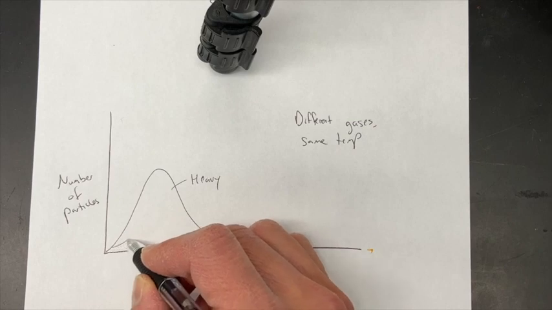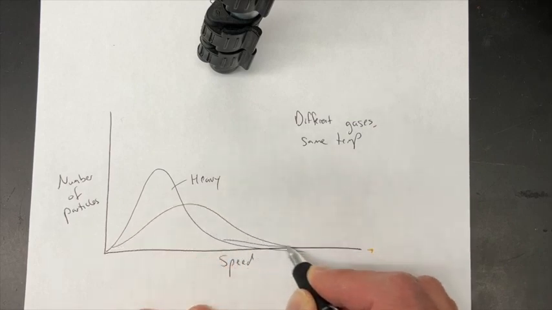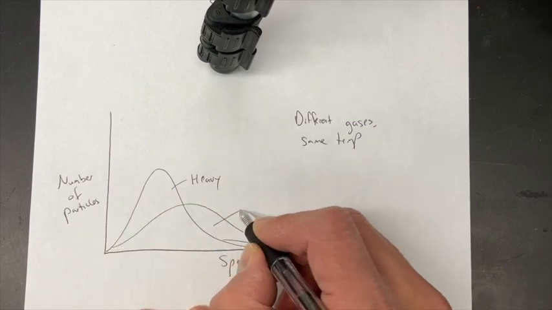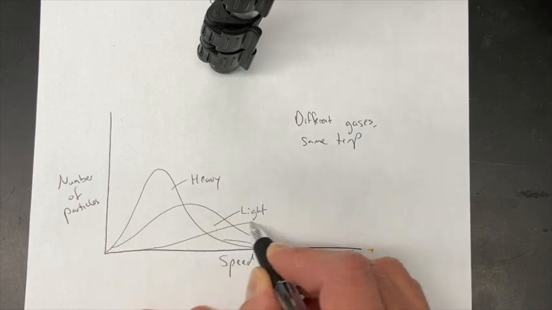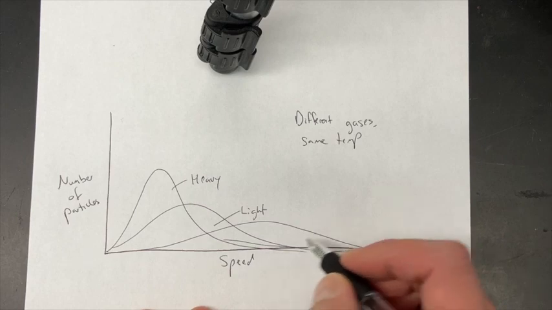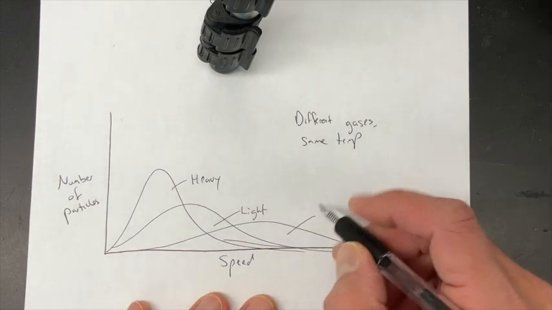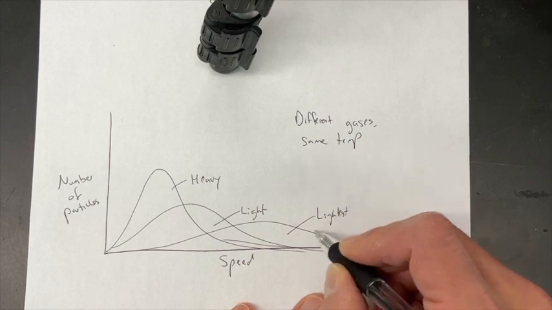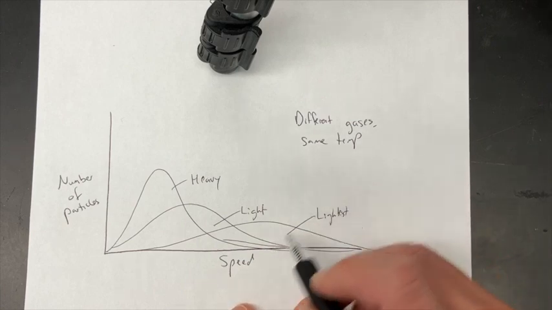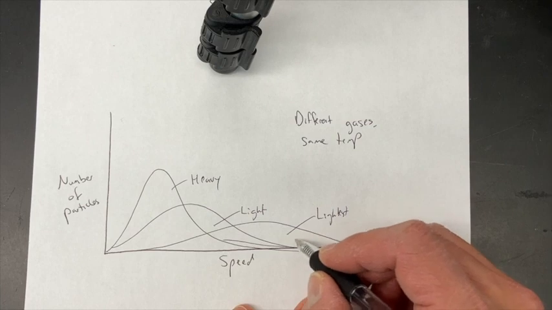It's going to be spread out more, like this. So this is a lighter gas. Or if I have an even lighter one, maybe it's spread out even more. And why is that? Well, remember, light gases have more motion because they move faster.